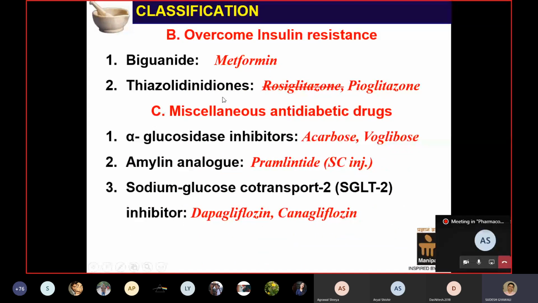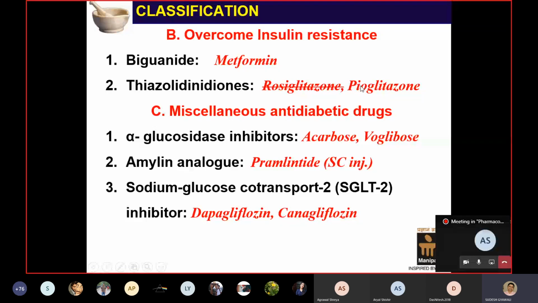Similarly, we have thiazolidinediones: rosiglitazone and pioglitazone. Rosiglitazone is now recently banned even in India and Nepal, okay. A few years back it was commonly used, but it was found that in elderly people, especially in women, the tendency of fracture was increased, so that is why it has been banned.